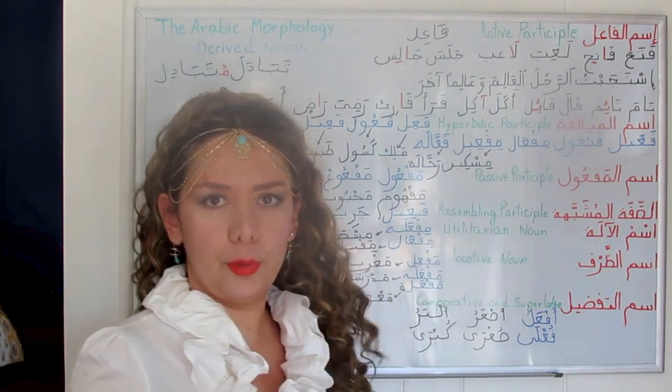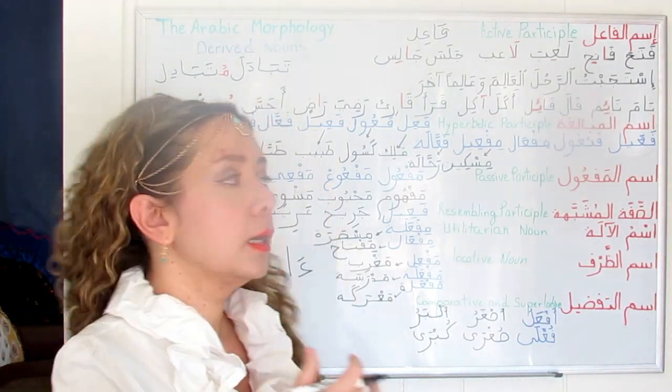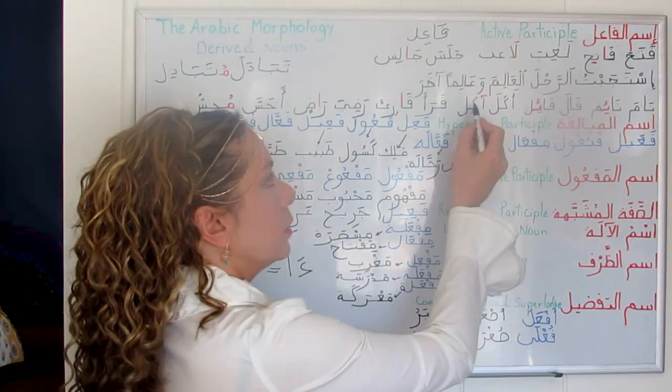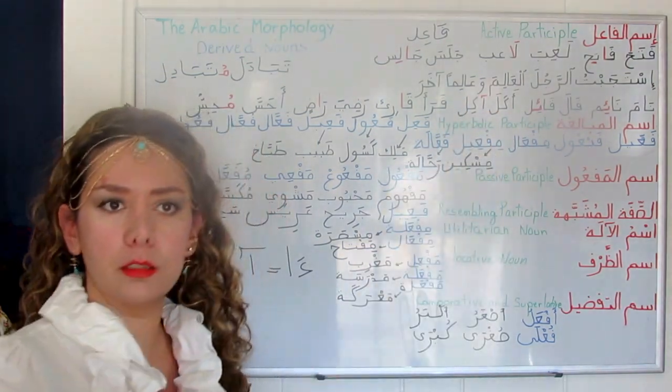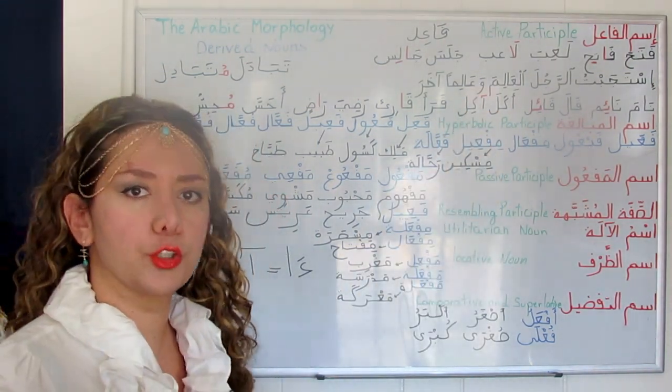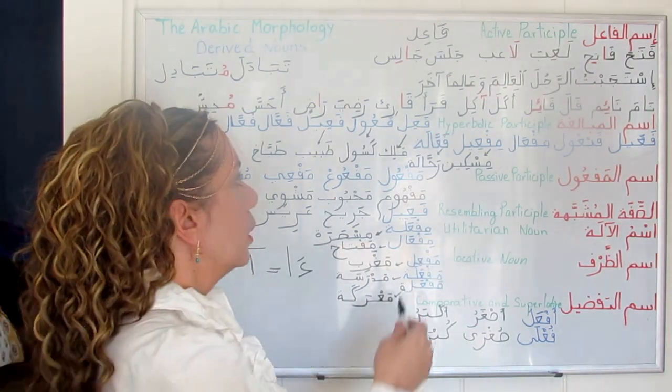So akala, to eat, and the active participle of it is akil. Here we have the alif madda and kasra in the second radical. Akil, it means eater.